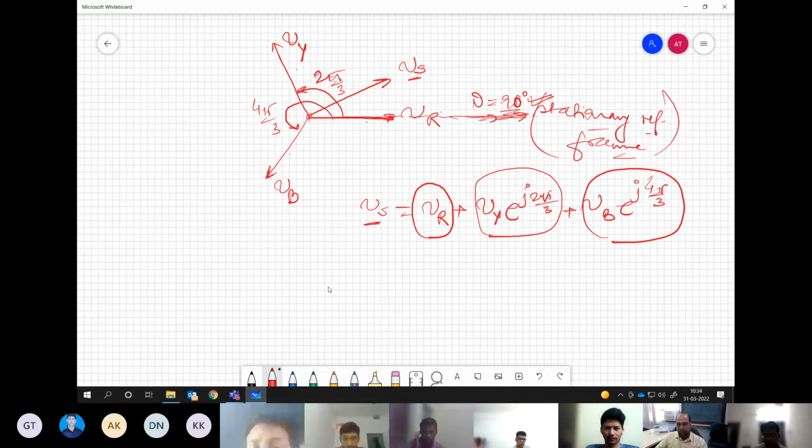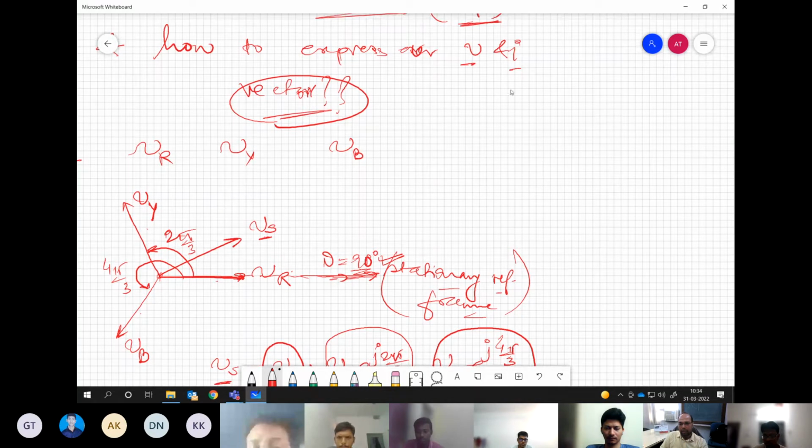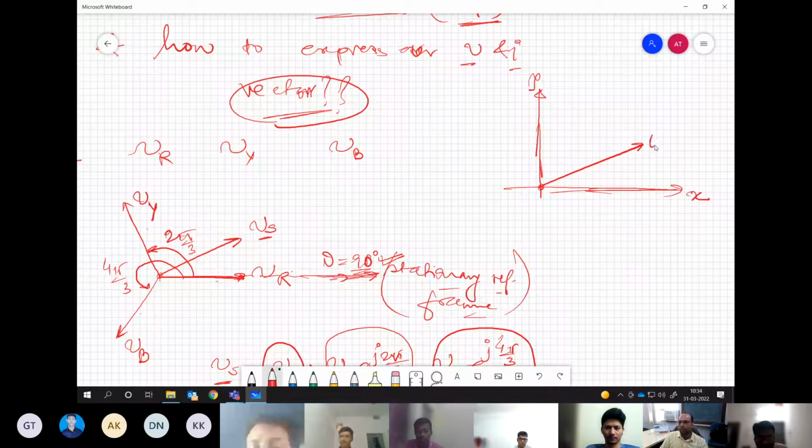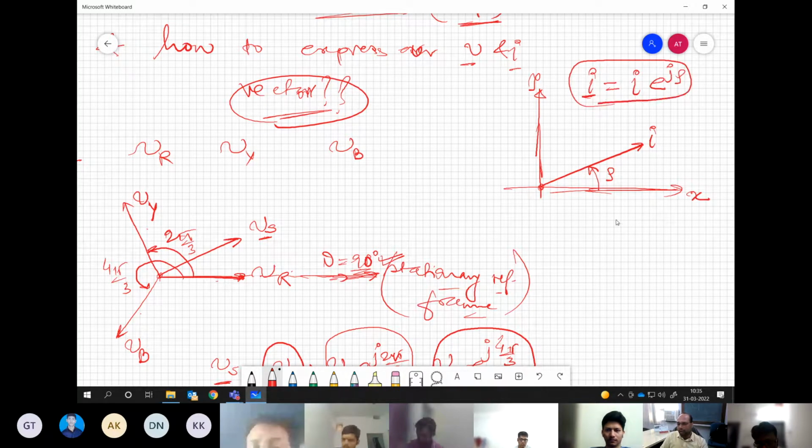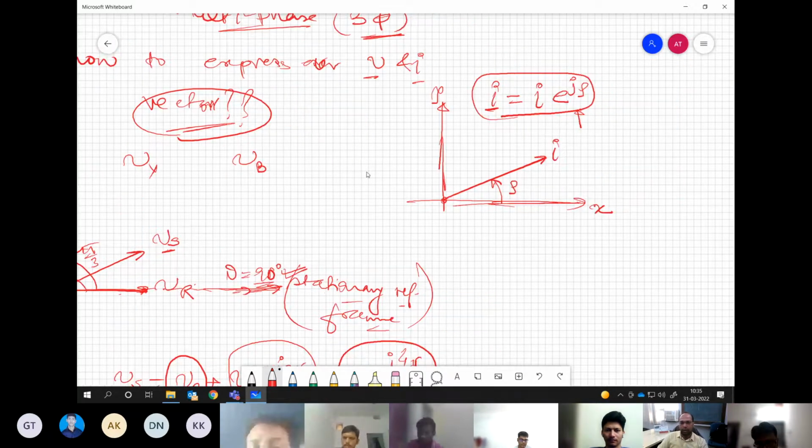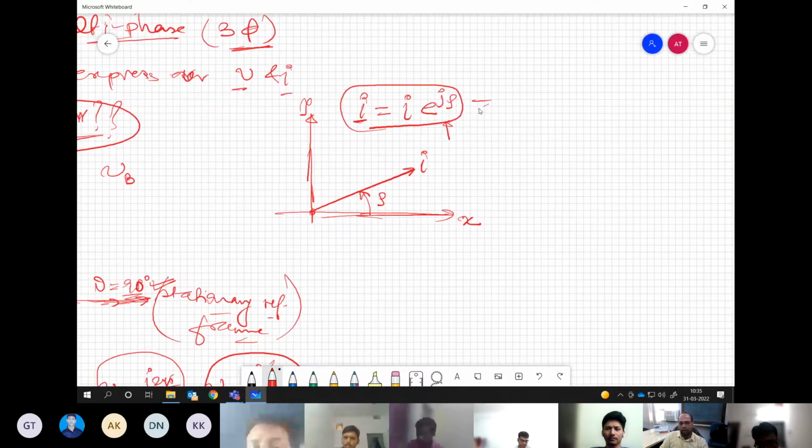So in general, I have stated this earlier also. If we have any general reference frame where we have xy axis and a vector with magnitude I, forming angle rho with the reference axis, then the representation for the I vector is the magnitude times the unit vector e raised to the power j rho, which is nothing but giving the components of I along these axes.